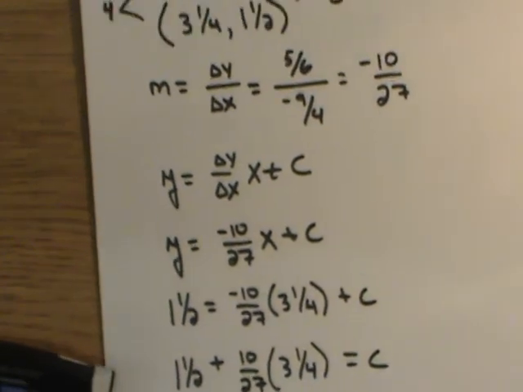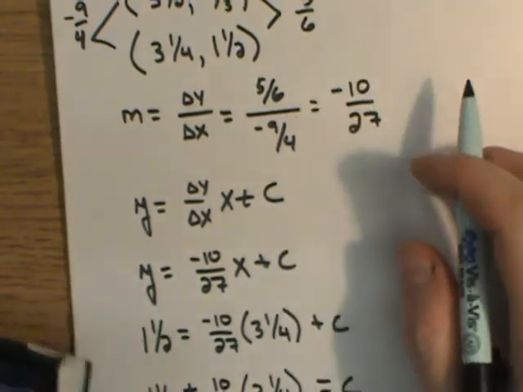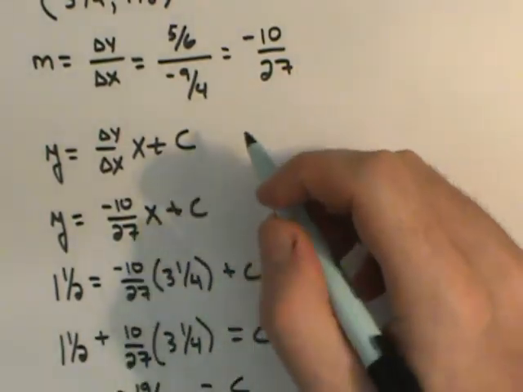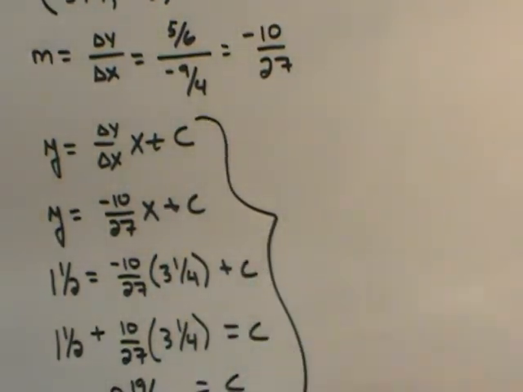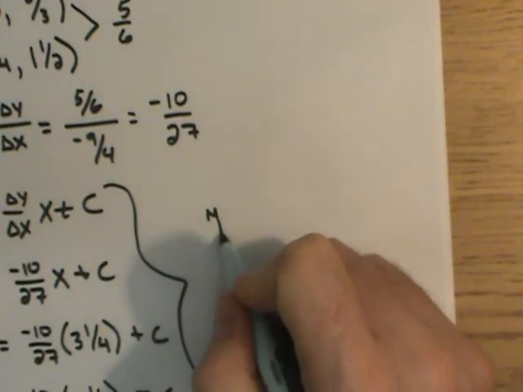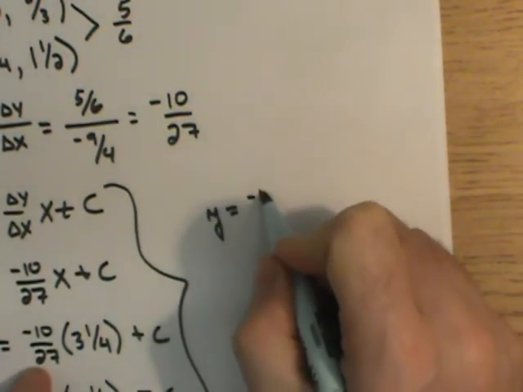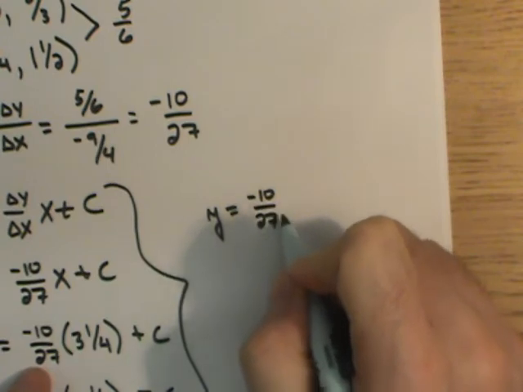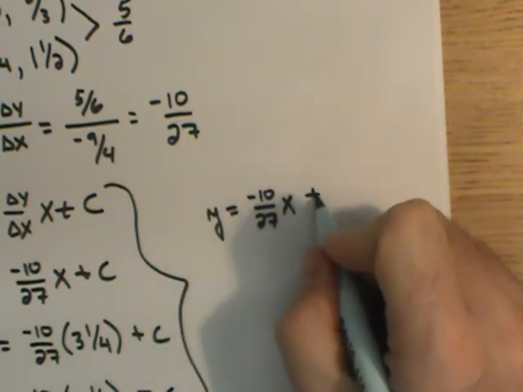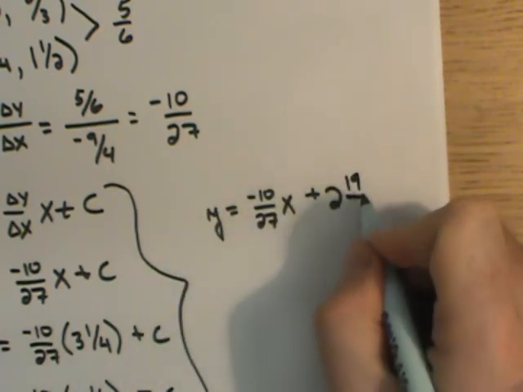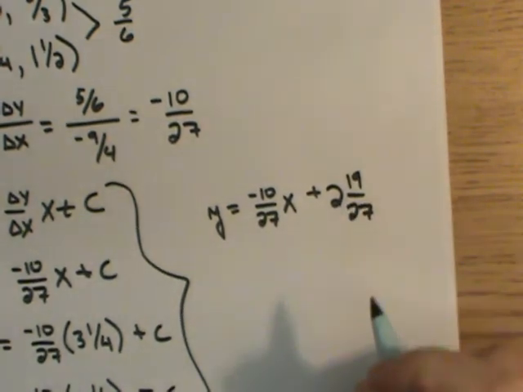And so when I write my equation, I take all this information. I have a slope, I have an intercept, and I'll write this as y equals negative 10/27 x plus 2 and 19/27.